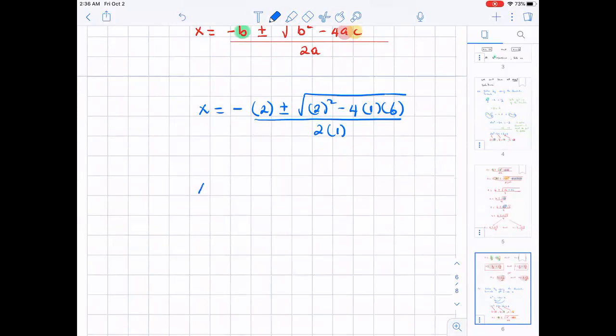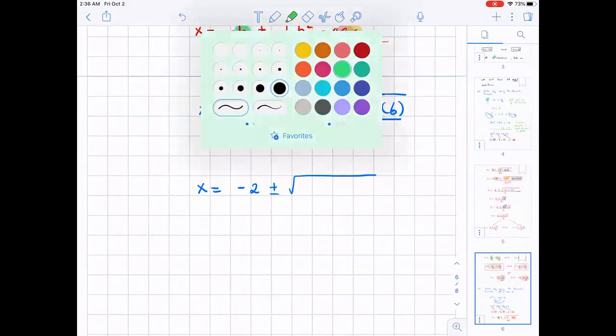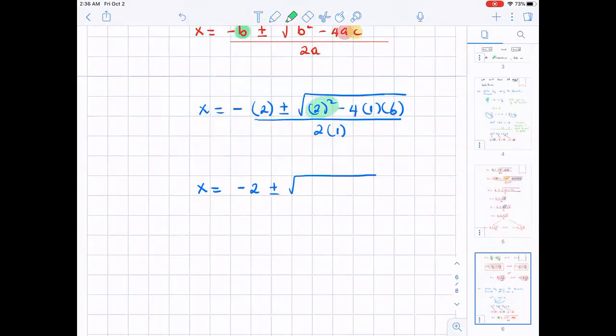So we continue now to simplify what we have here. Minus 2 plus or minus the square root. We know that when we square 2, we'll get 4.